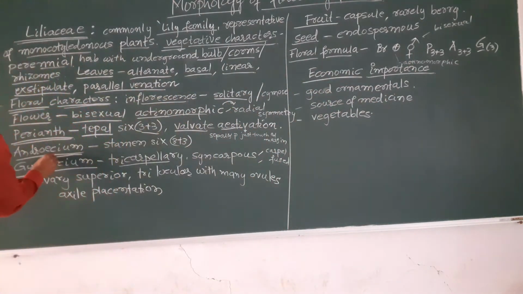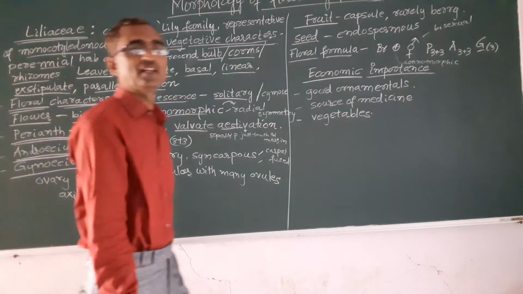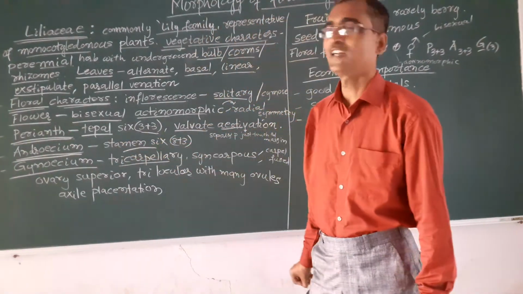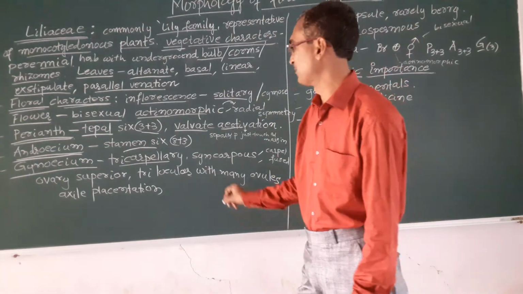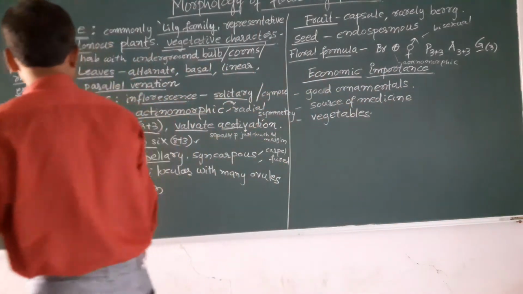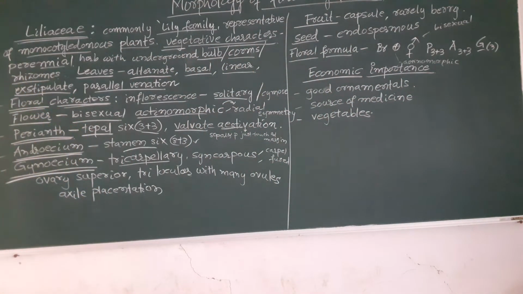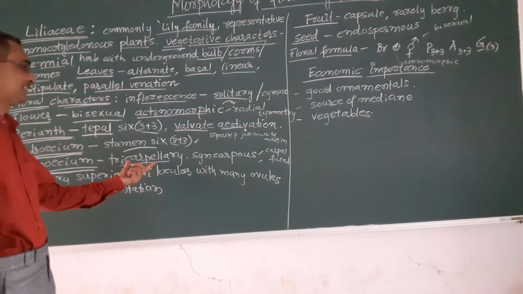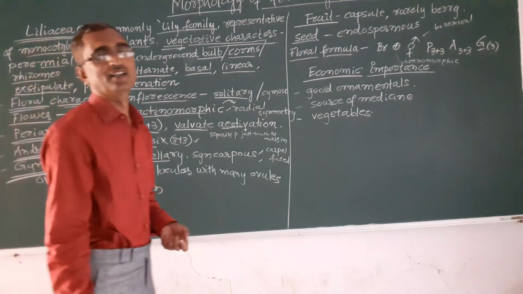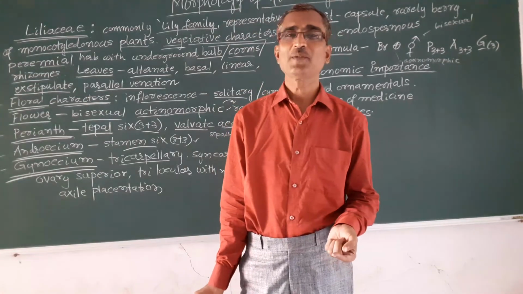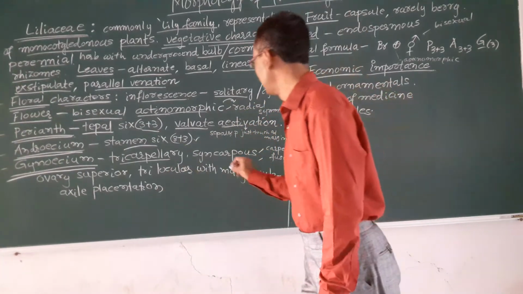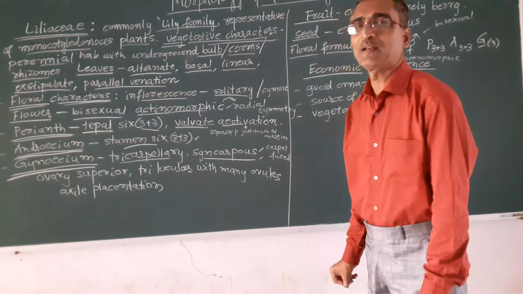The next one is androecium, the male reproductive structure, and the individual members of the androecium are called stamens. Stamens are 6, that is 3 plus 3. Gynoecium is the female reproductive structure. It is tricarpellary, that means there are 3 carpels, the individual members of the gynoecium, and syncarpous, that means carpels are fused.